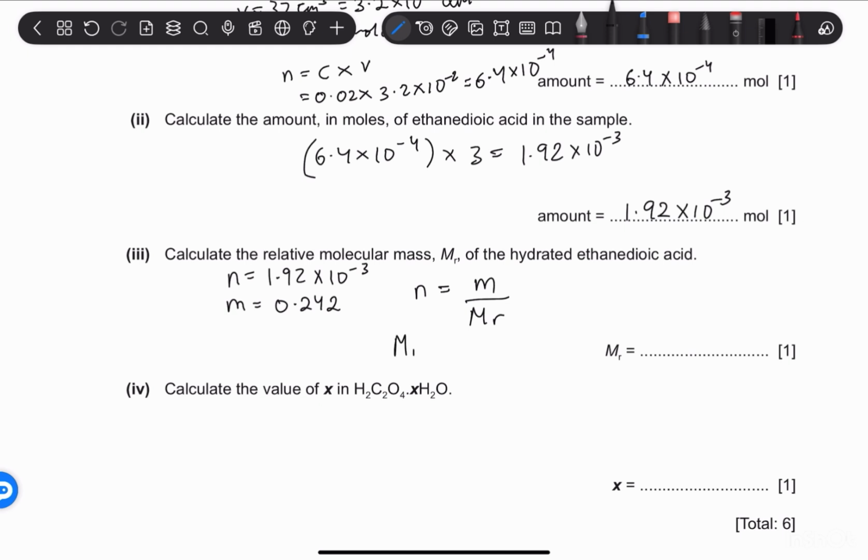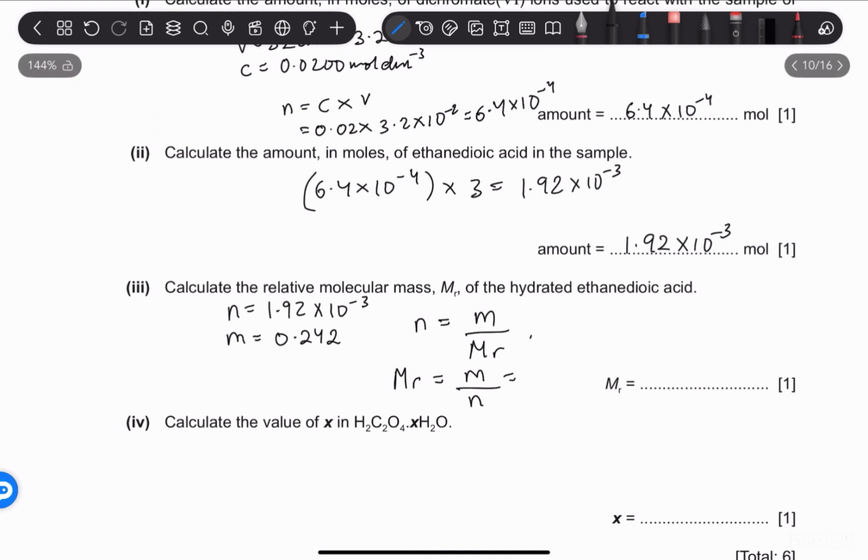So when we rearrange this, molar mass is mass over moles. This is 0.242 divided by 1.92 times 10 to the power minus 3. So our molar mass is actually 126.04. I'm going to write 126.0.